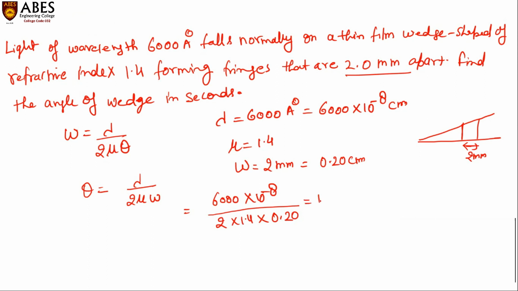That comes to 10.71 into 10 to the power minus 5 radian. For this radian, we multiply by 180 by pi. That comes to degrees, which comes to 0.0061.